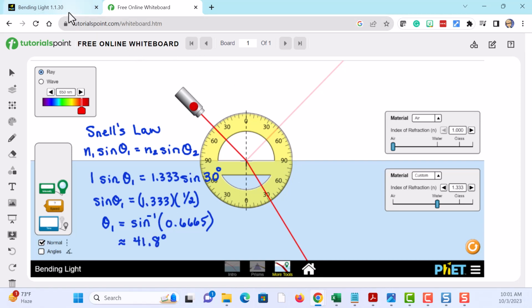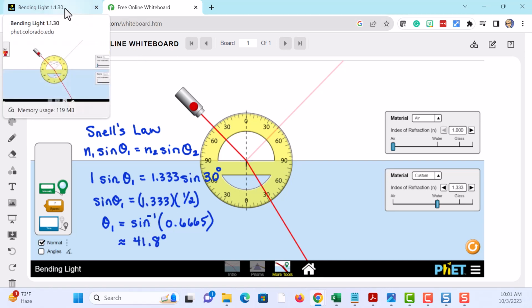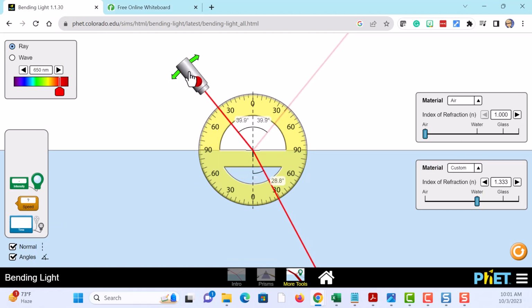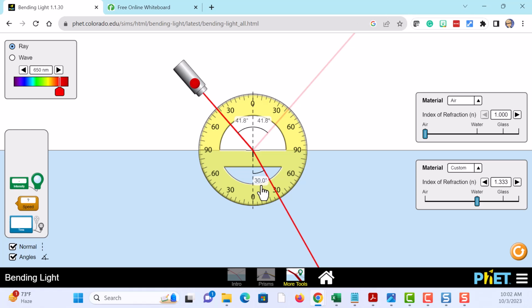Let's go back to our simulator and see if that works out. We can change the angle of incidence to 41.8, and when we do, we can see that the angle of refraction is 30.0 degrees. So what we've seen is that Snell's law is a useful tool for working with bending light.